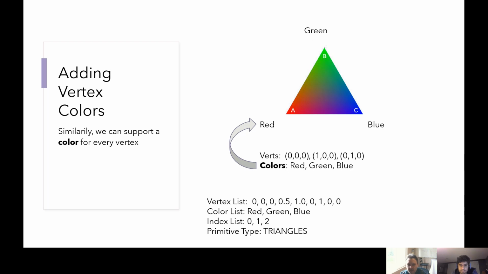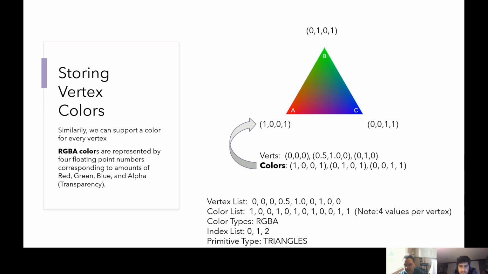We actually store colors in various color formats. In this case, we've defined the color format as RGBA, where the first number is how much red, the second how much green, the third how much blue, and the last how much alpha, or transparency, with 0 being fully transparent, so no color showing up at all, and 1 being fully opaque.